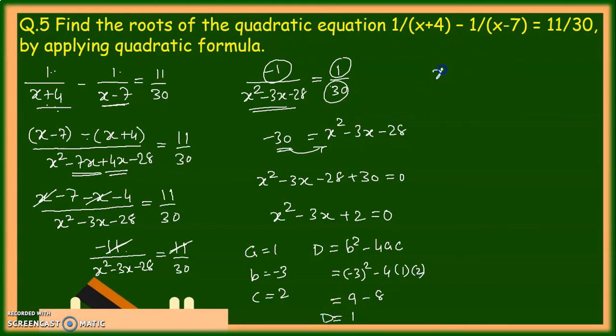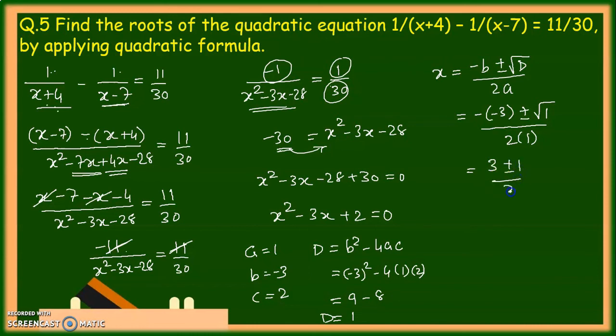Now put in the quadratic formula: x equal to minus b plus or minus under root d divided by 2a. Here minus as it is. In place of b we put minus 3, plus or minus under root d. d is given as 1, divided by 2a. a is also given as 1. So if you simplify it, this is minus minus plus 3, plus or minus under root 1, which is 1 only, divided by 2.